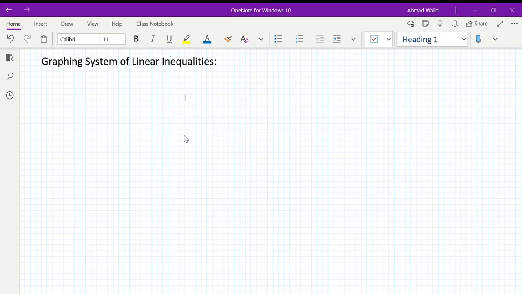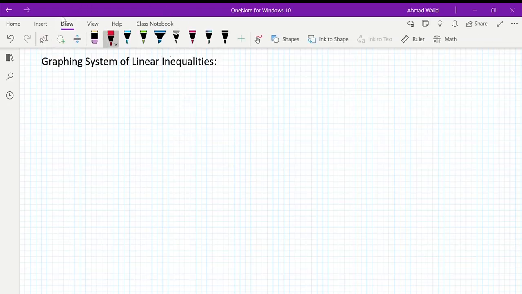Hello all, let's discuss part 2 of section 5.5, where we also cover graphing systems of linear inequalities. As you see in the topic, the word system, and we already know what it means.